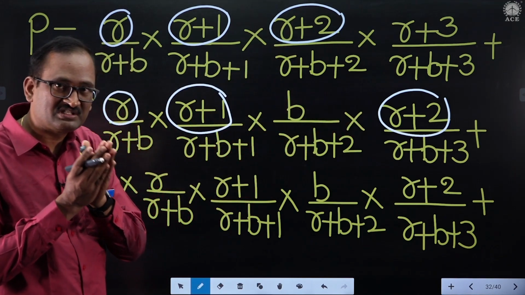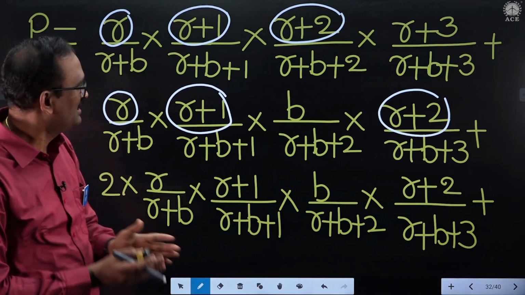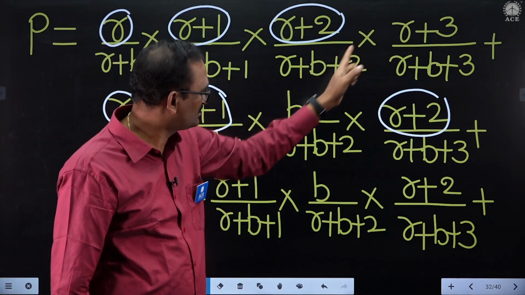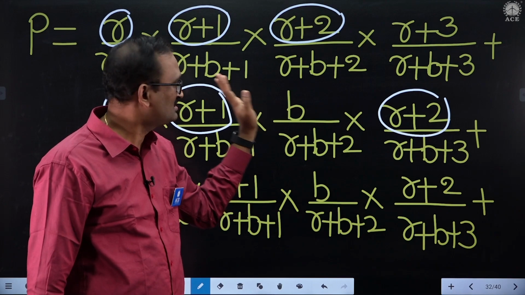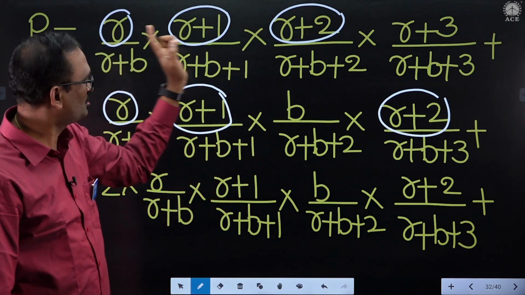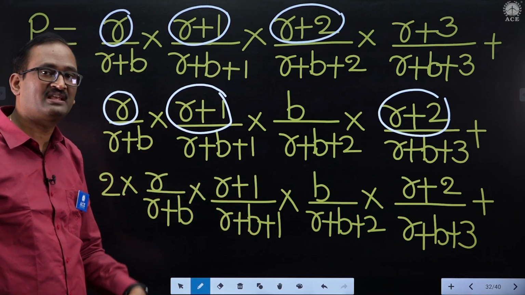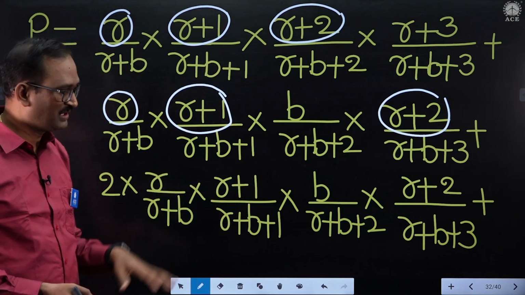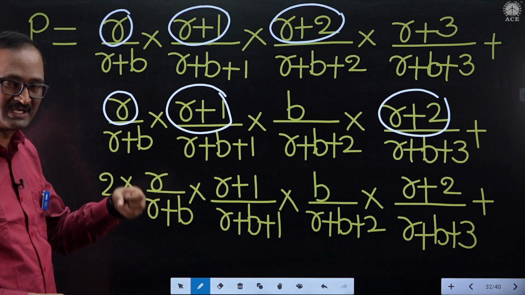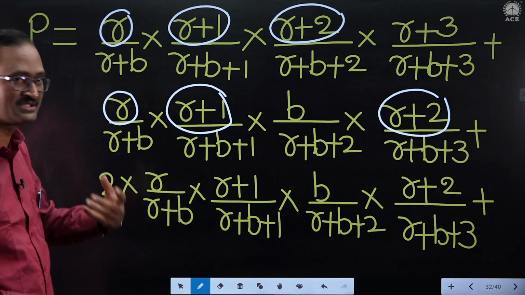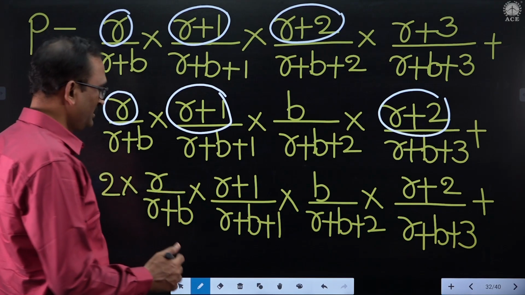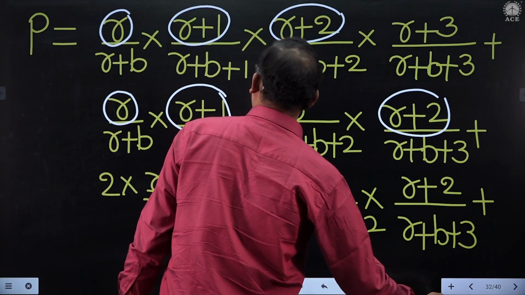If I take these terms as a common factor, the terms remaining are r plus 3 plus b, that means r plus b plus 3. So numerator r plus b plus 3, denominator r plus b plus 3, cancel. I can directly write. But here I will give the detailed solution, but in the exam you have to think and eliminate some terms. Anyhow, let us write r plus 1, r plus 2.